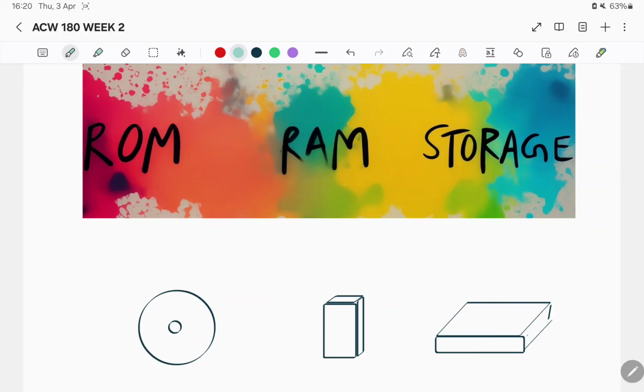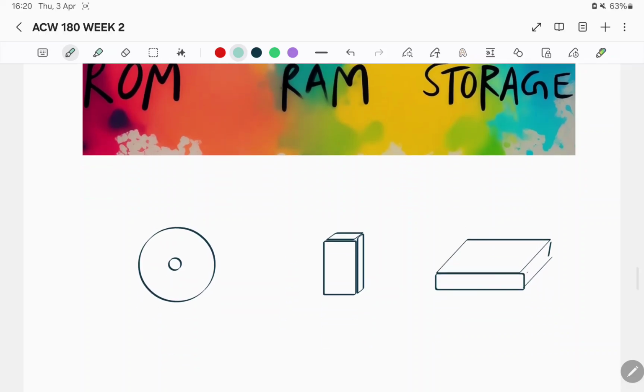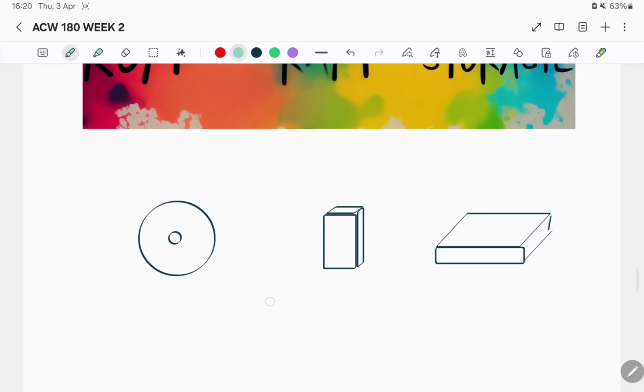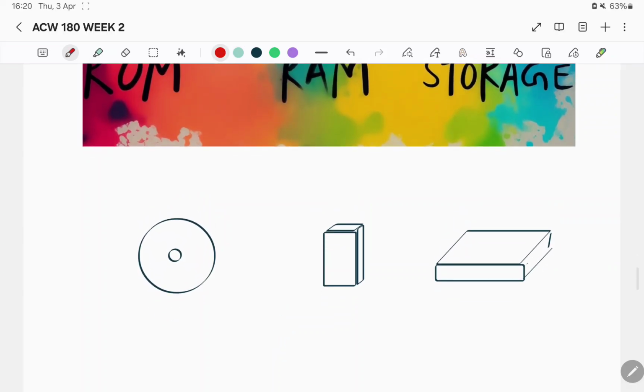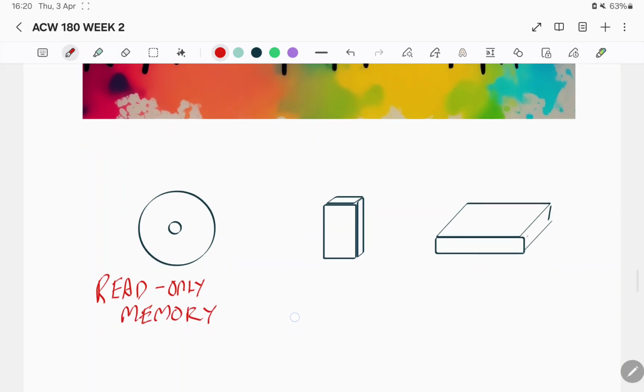So we have the ROM. ROM is basically the full name of this one by itself: read only memory.